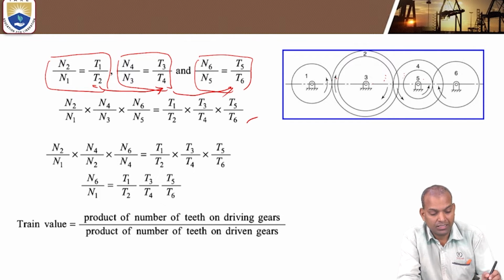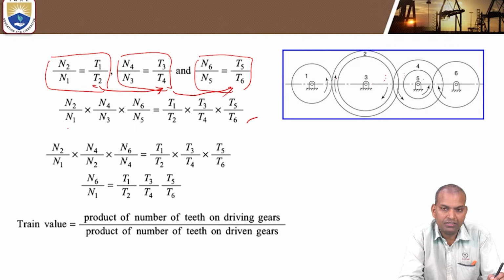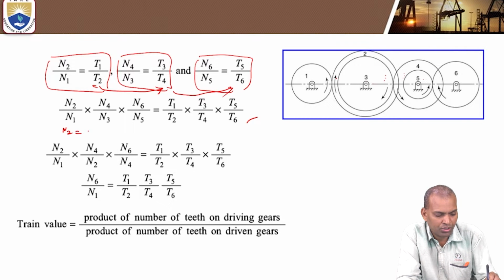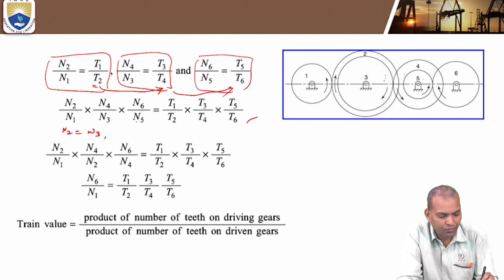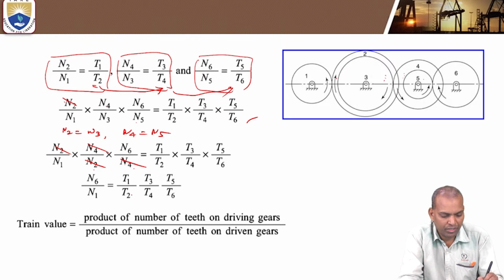Very important: here, N2 and N3 are cancelled. Why? Because they are mounted on the same shaft, the speed of gear 2 equals the speed of gear 3, that is, N2 equals N3. Next, 4 and 5 are mounted on the same shaft, so the speed of gear 4 equals the speed of gear 5. So N2 and N4 cancel. Now, what is N6 by N1 equal to?